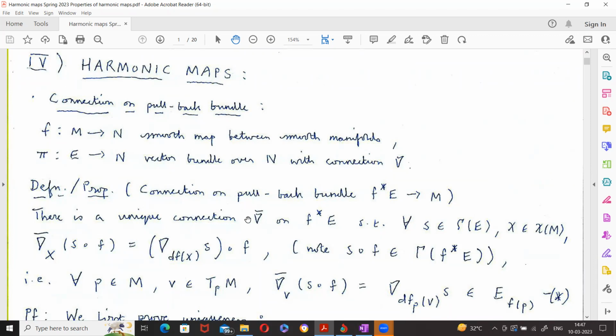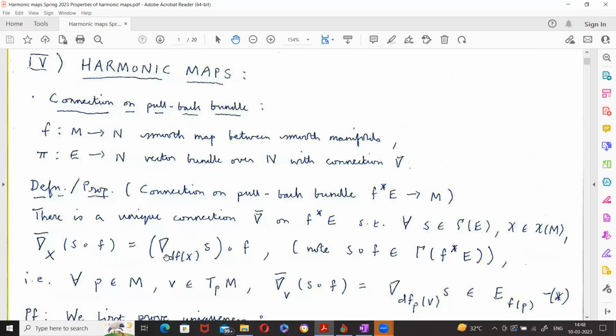So my connection nabla bar will act on S composed with F. What I want is the following compatibility: this section on the pullback bundle comes from restriction of a section on N, by composition with F. The connection applied to this, nabla bar X of S composed with F, should be given by the following.